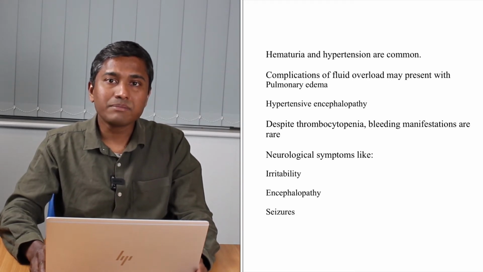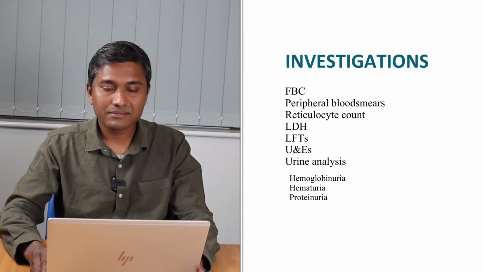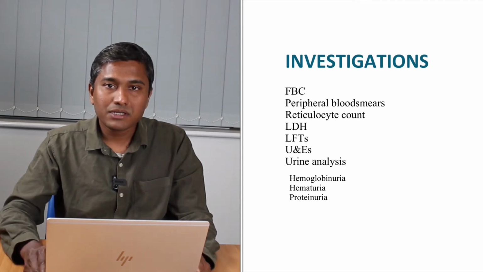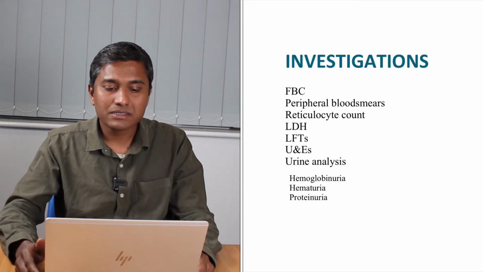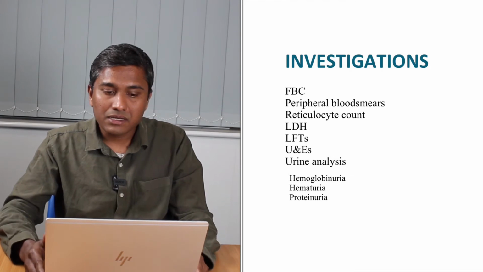The neurological symptoms include irritability, encephalopathy, and it could be as bad as seizures. The investigations include full blood count, peripheral blood smears, reticulocyte count, lactate dehydrogenase, bilirubin, and urea.